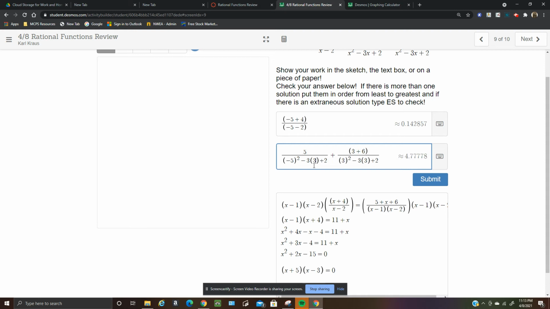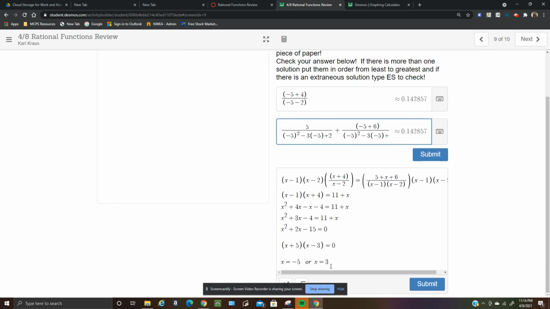See if the right and left side check. And it checks. So both of these answers check.